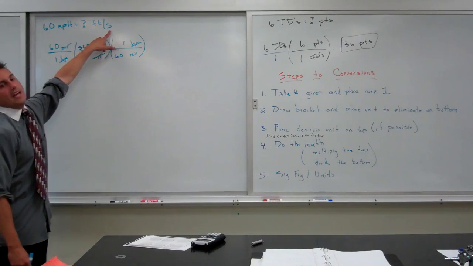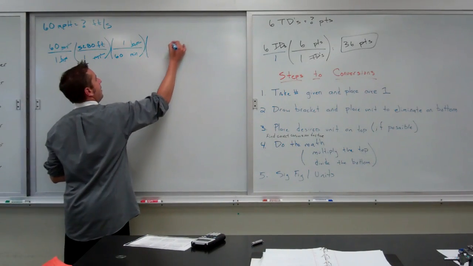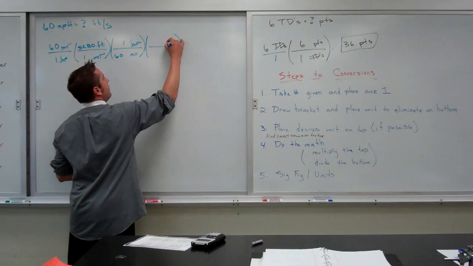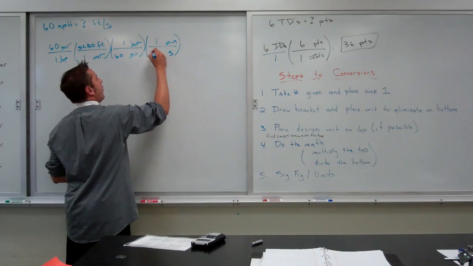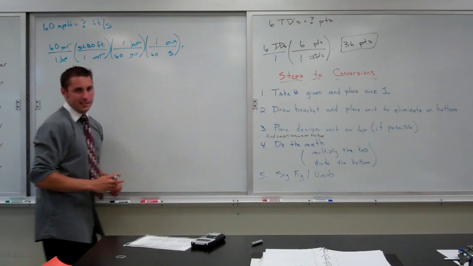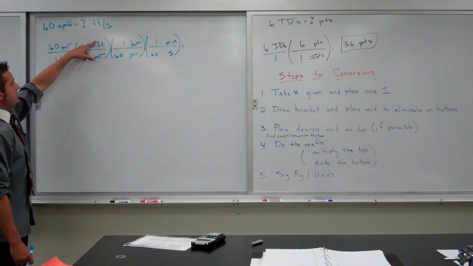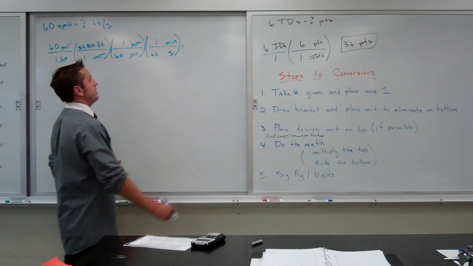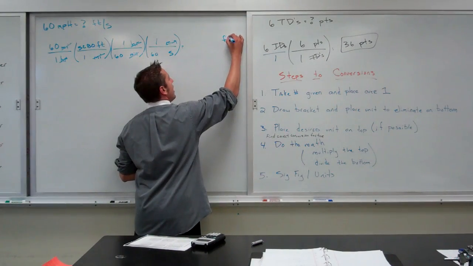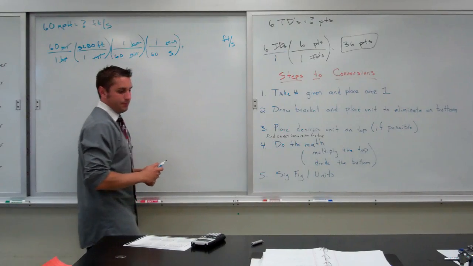We still want seconds there, so we try again. We'll put minutes on top, seconds on the bottom, and most people know that 1 minute has 60 seconds. So if you look, feet are the only thing that doesn't cancel on the top, and seconds is the only thing that doesn't cancel on the bottom, so I have feet per second.